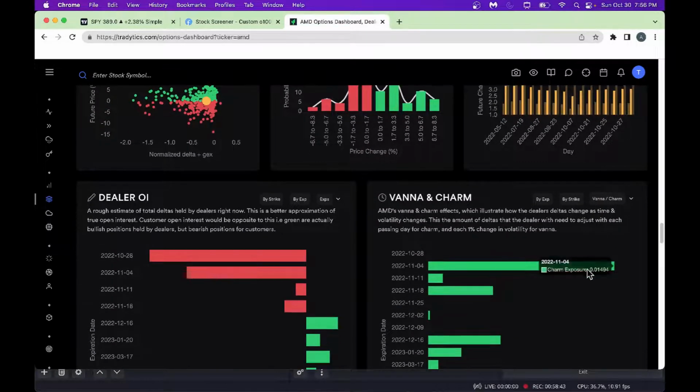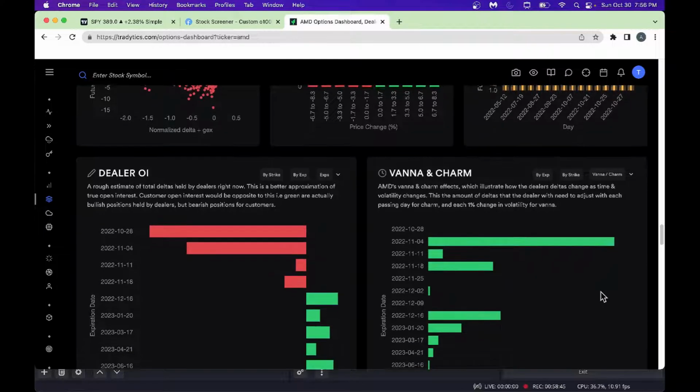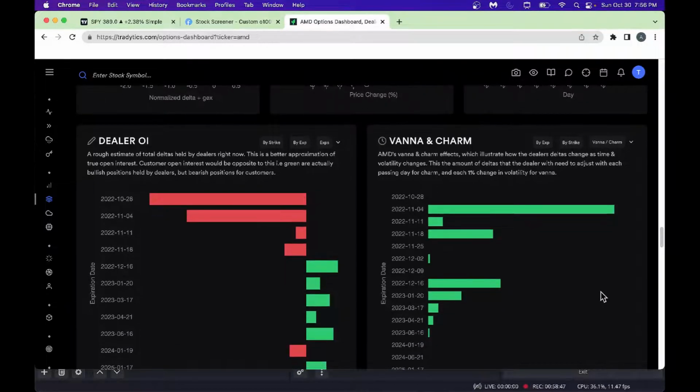There's Vanna and Charm, and there's dealer open interest. Look, there's a nice high open interest right here on 10/28, which is already done. And then there's even 11/4 next week, with a nice negative delta, so you can get a good idea here.